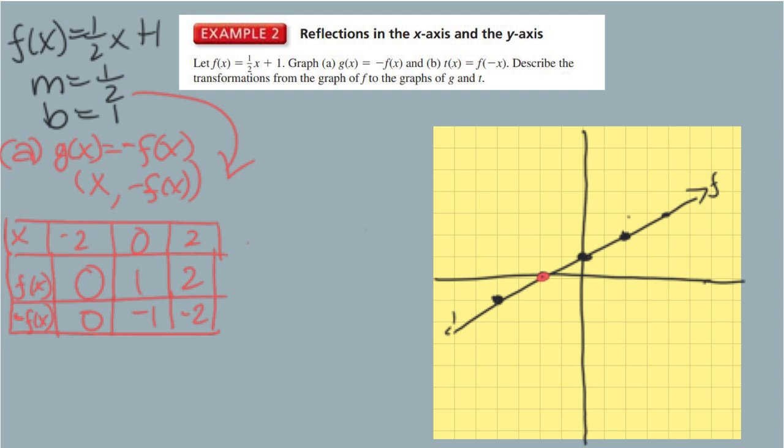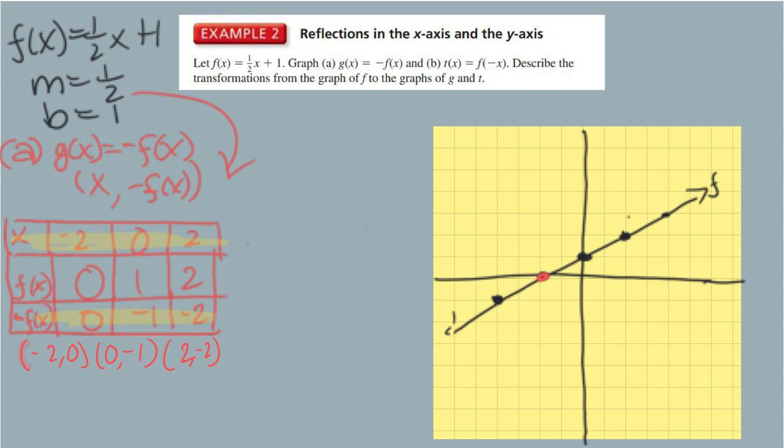We're plugging in these ordered pairs, which gives us -2, 0, 0, -1, and 2, -2. Remember that x is our inputs and the f of x is the same as y, which is our outputs.